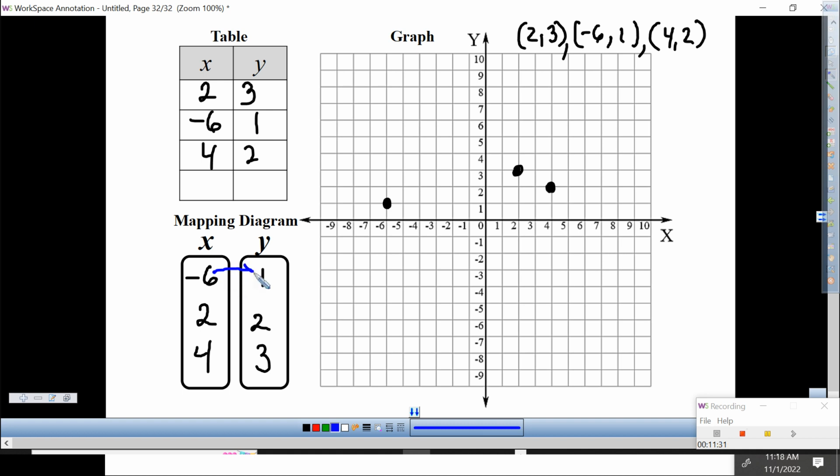That one goes to that. Next one, 2. 2 goes to what? 3. So I'm going to draw an arrow going that way. And the next one, 4, 2, that way. That's why it's called a mapping diagram, because we map values. First, they need to be in order from least to greatest, but then we map to its corresponding y.